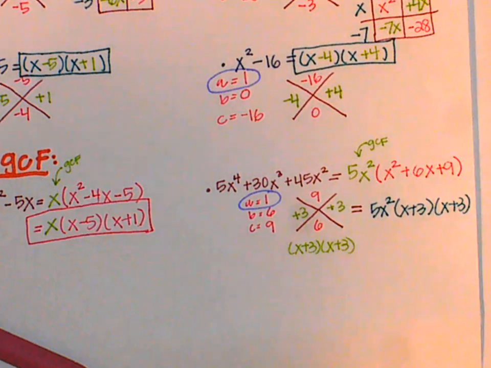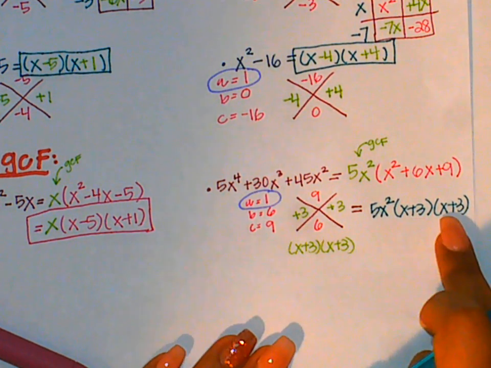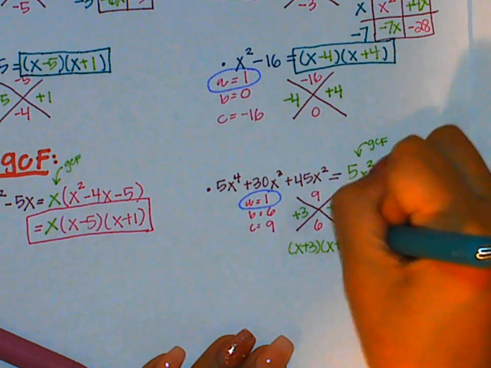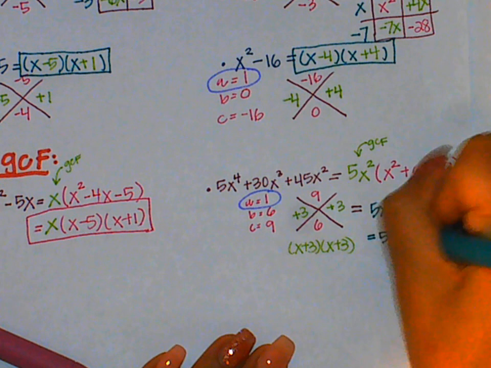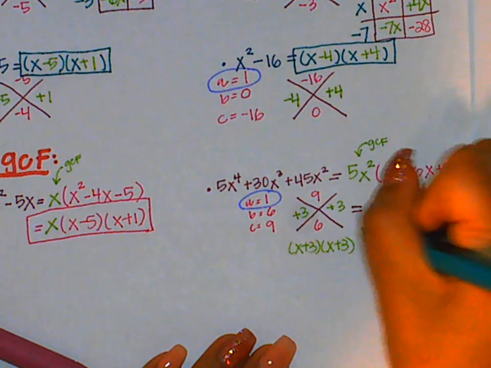Now, you could leave it like that if you want to, but because I want it to be as pretty as possible, I noticed that these two are the same. Now, I can condense that so that I get my GCF times x plus 3 squared.